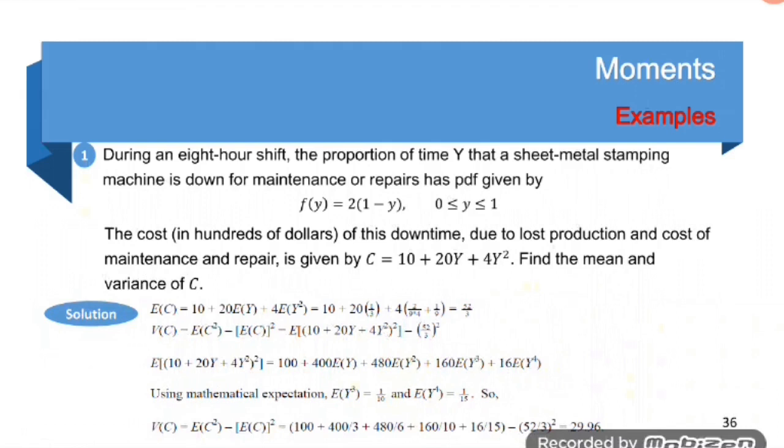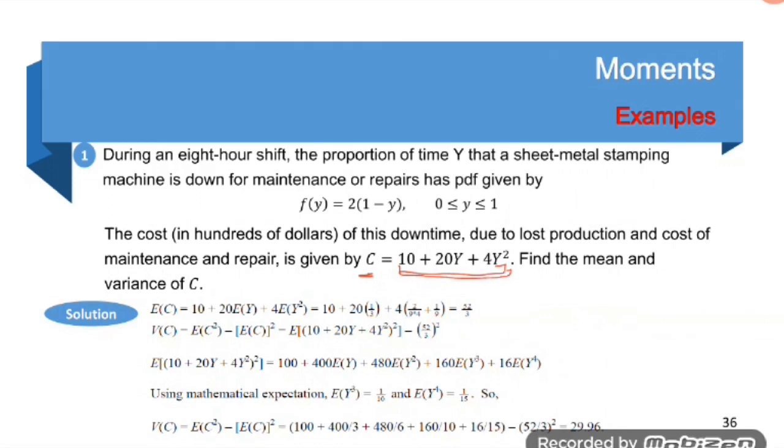The cost in hundreds of dollars of this downtime, due to the lost production and cost of maintenance and repair, is given by C equal 10 plus 20y plus 4y to the power 2. So y is a random variable, C is a function of the random variable y, and in functional form, take this formula. Find the mean and the variance of C.